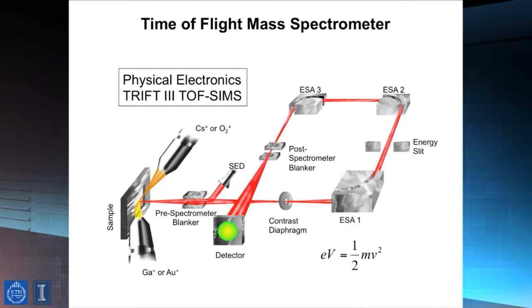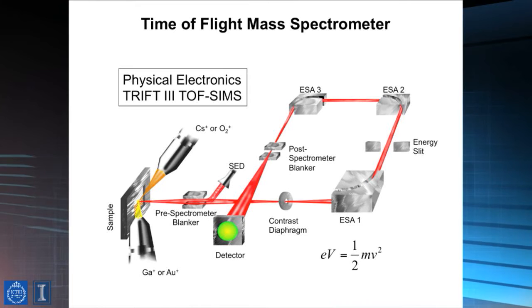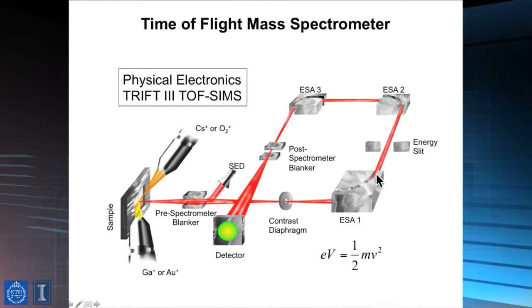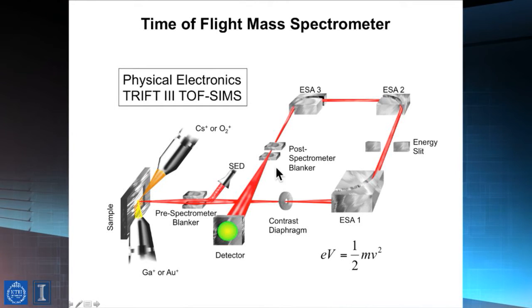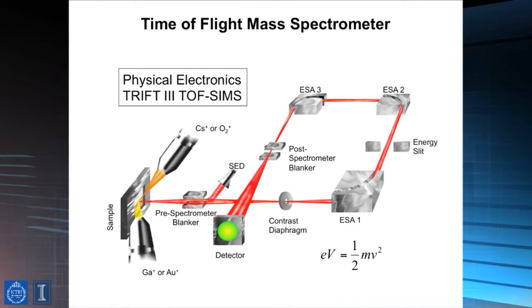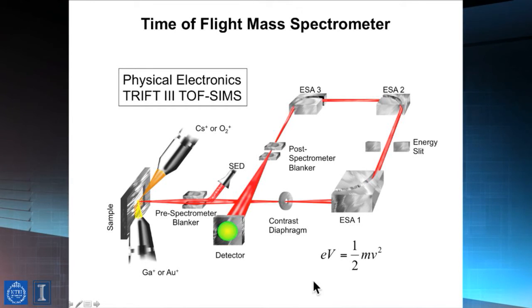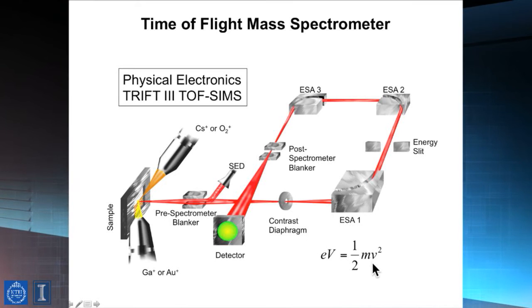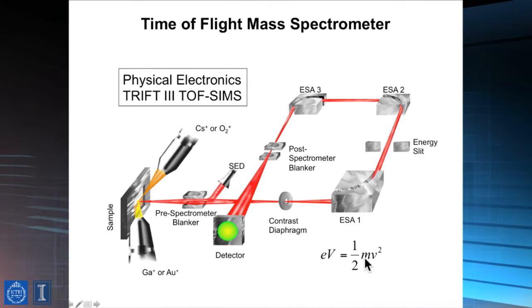But at the heart of both of these is a simple overlay of components, much like that earlier slide, and that is you have an ion beam, you have a sample, you have ion optics that let you do mass analysis, and then you have a detector, which somehow lets you use this either in imaging mode or spectroscopic mode, etc. All right, and because we're doing mass spectrometry, what we're doing is fundamentally, from energy measurements, relating that to mass, because what we measure is charge to mass ratio.